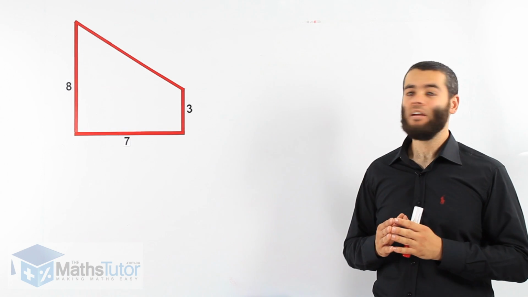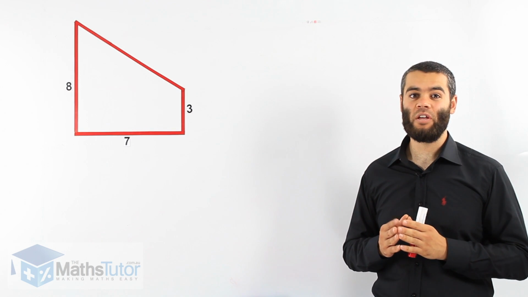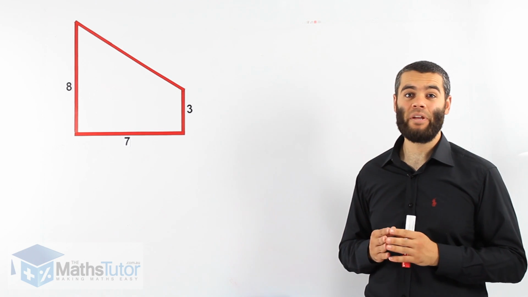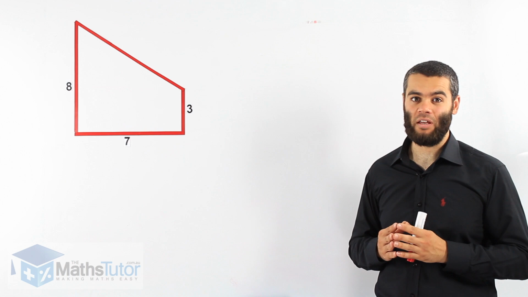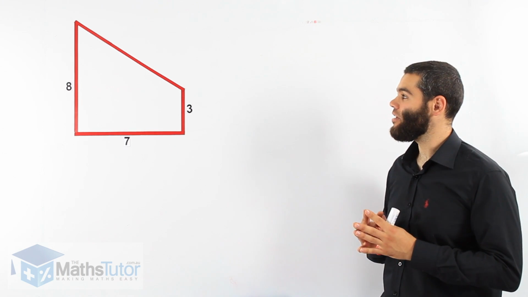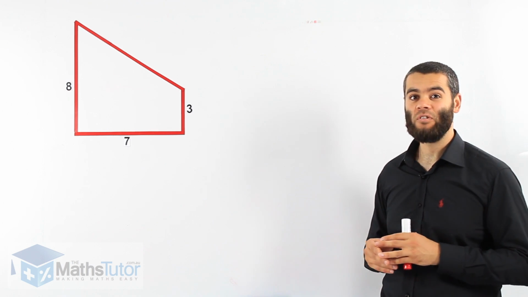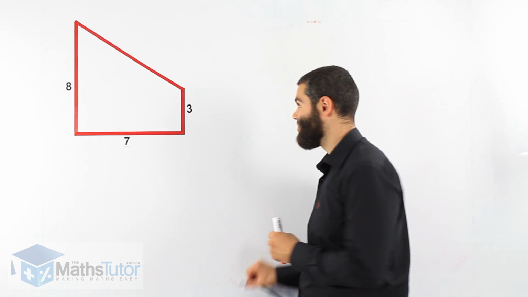Okay, let's work out the area of this composite figure as well. What can you tell? You can tell that you can split it up into 2 shapes. What shapes do you think? I can see that I can split it up here into a rectangle and a triangle. How? I'll show you.